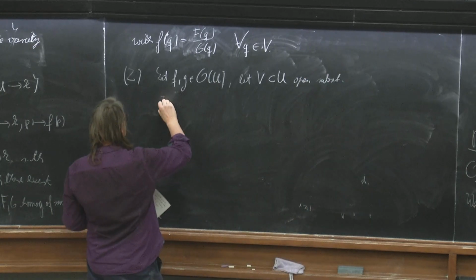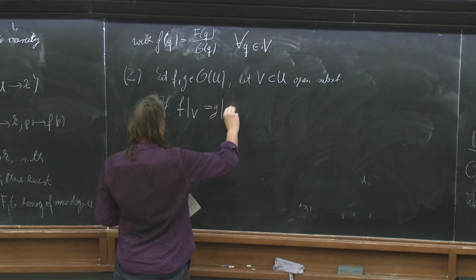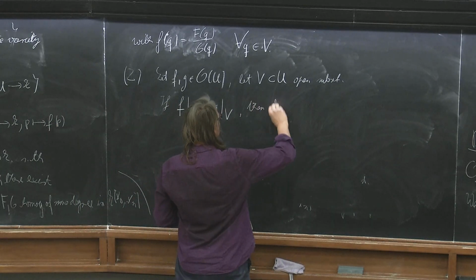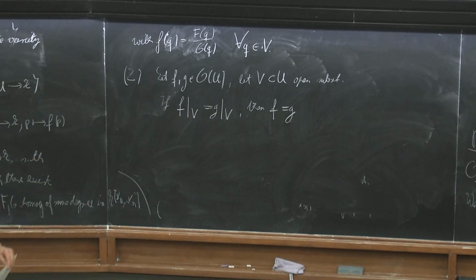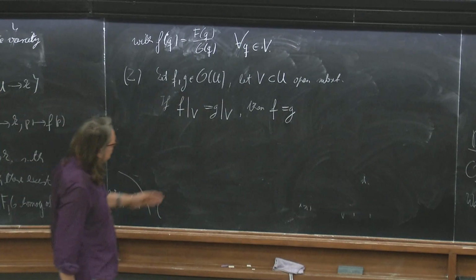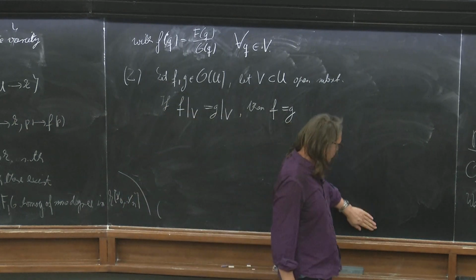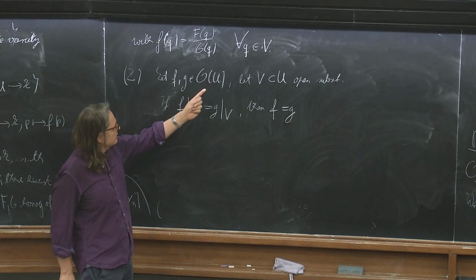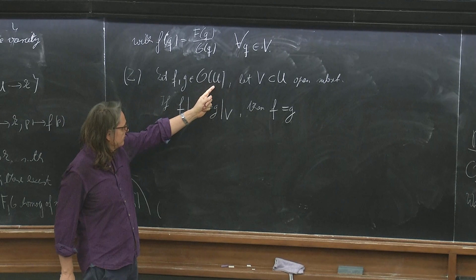If f restricted to V is equal to g, then f is equal to g, both as elements in O(U) and as functions on U. So certain rational functions have this rigidity that they are determined by their values on any, regardless how small, open subset. If you know it on any open subset, you know it everywhere where it's defined.